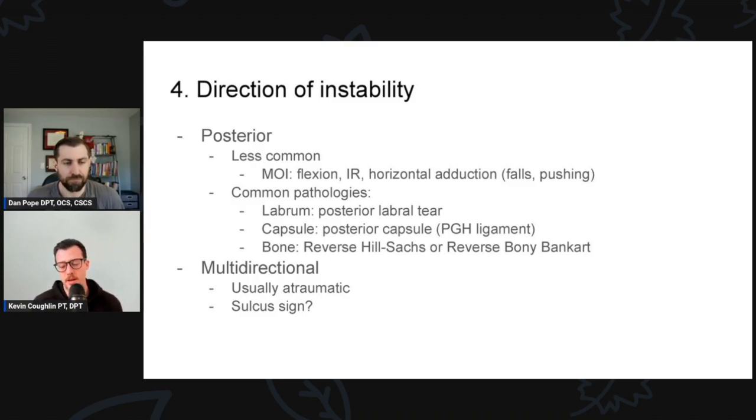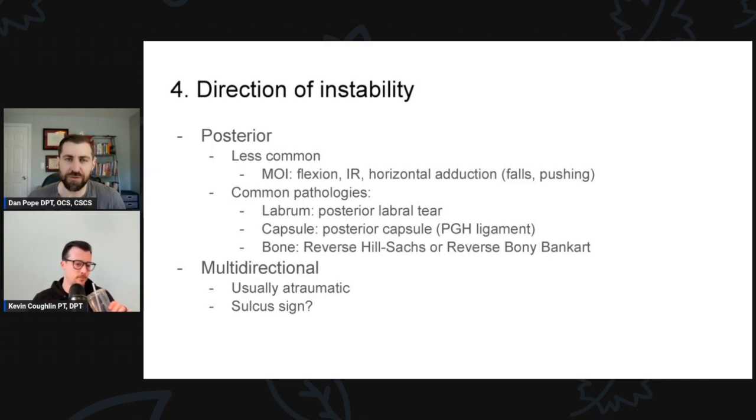I can't remember off the top of my head how much translation you're looking for, but you'll just kind of inferiorly move their humerus when they're in sitting, and up at the joint there, you'll see a fair amount of inferior translation, kind of just showing you some instability there. Maybe like a Beighton type thing would be helpful too, just to see gross instability. Maybe their specific genetics give them that.